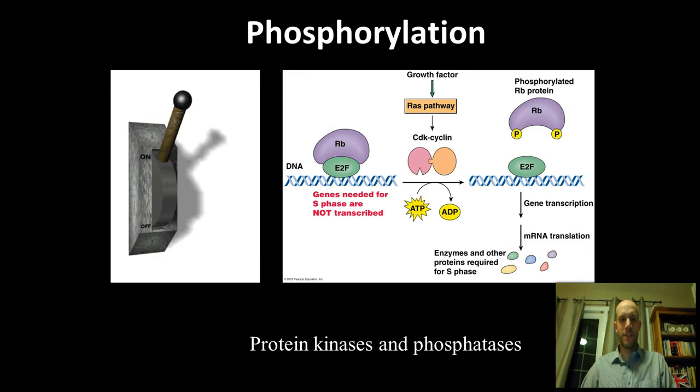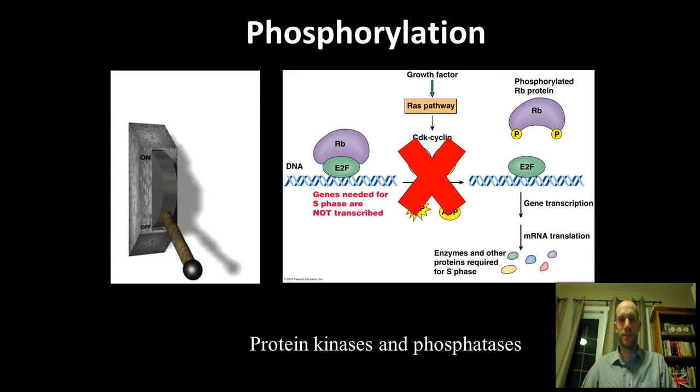So phosphorylation is something that we're going to be talking about a little bit, and it's important to understand that phosphorylation acts like a switch. If proteins, if enzymes in the cells, are not phosphorylated, typically that means they're inactivated, and so they aren't carrying out their normal function. So for example, here we have part of the cell cycle, an important stage.